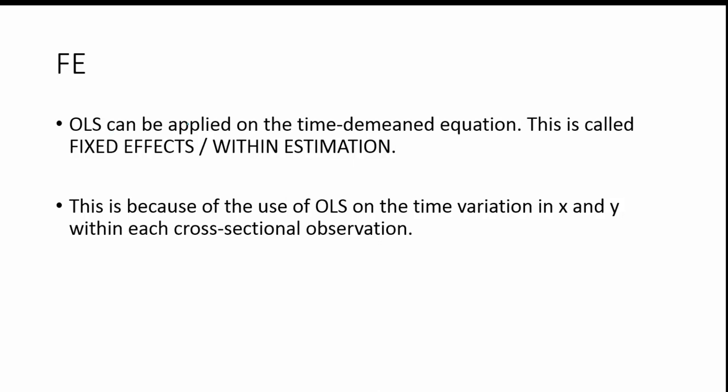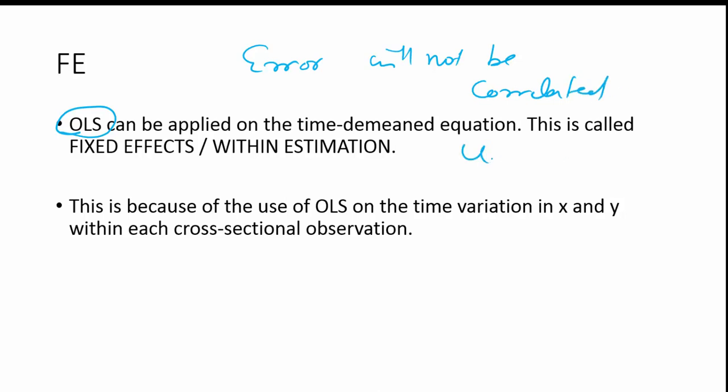Now on the time-demeaned data, we can actually use the OLS regression. Why? Because when you have time-demeaned data, your errors will not be correlated over time, because you have only cross section errors for i, j, k, and so on. So you don't have errors like u_it, u_jt, and then u_it-1, u_jt-1.